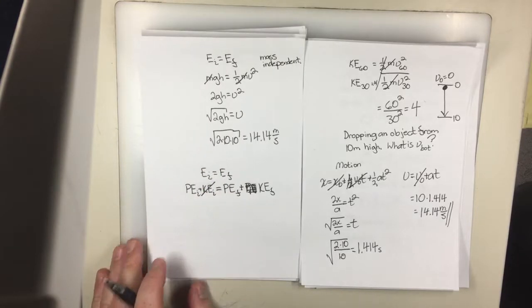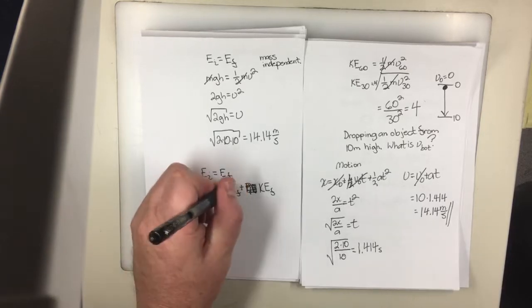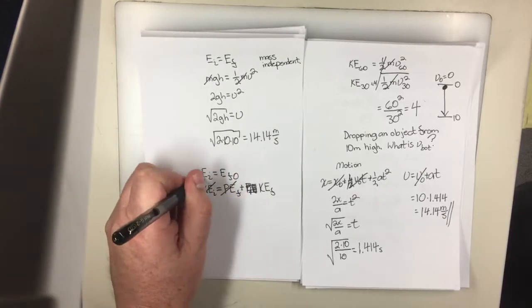Typically when you hear that word drop, that means the initial velocity is 0. At the bottom, its final state, which is 0, potential or kinetic? Potential, because it's at the bottom and can't go any further down. So its potential energy is 0.